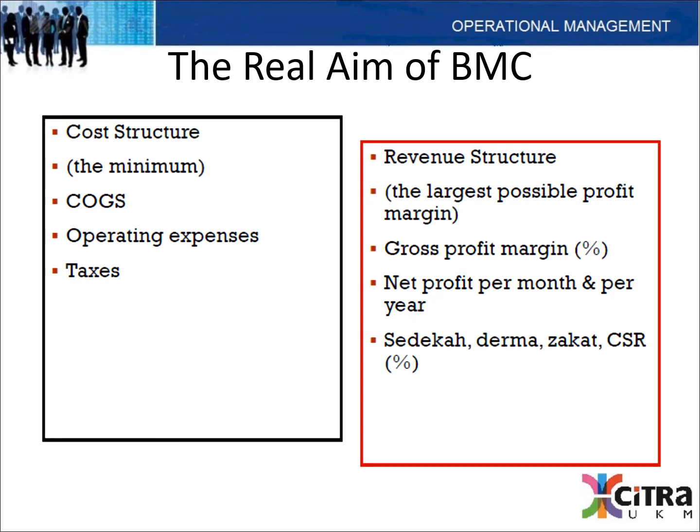The other part is the revenue structure, whereby you might have the largest possible profit margin from these sections, then a percentage of the gross profit margin, and then a net profit per month and per year, and there's also sedekah, derma, zakat, and so on. That's for the revenue structure. So this is the real aim of the BMC, or business model canvas.